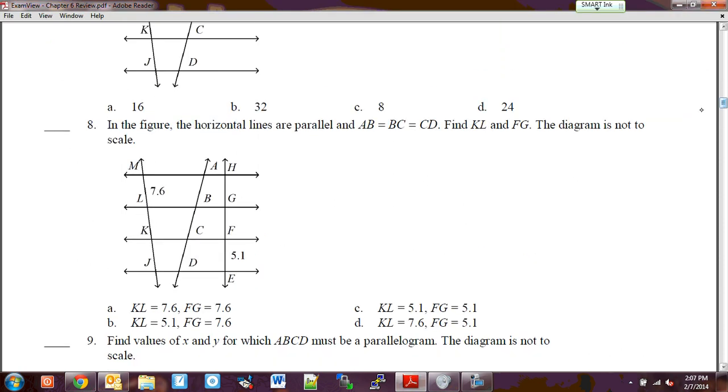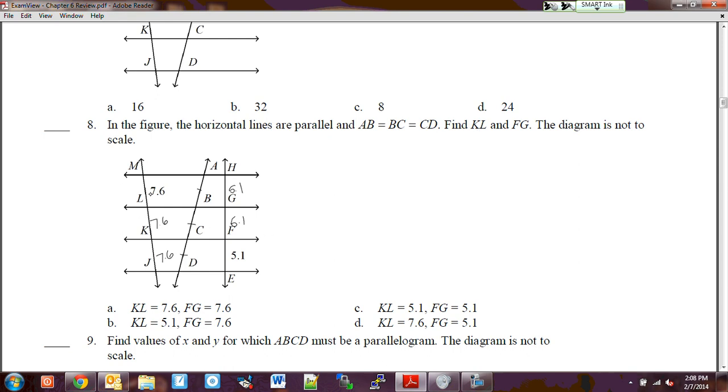Number 8. In the figure below, the lines are parallel, so these four horizontal lines are parallel. This is cut into equal segments. So we automatically know that this is 7.6, this is 7.6, this is 5.1, and this is 5.1. So find KL.